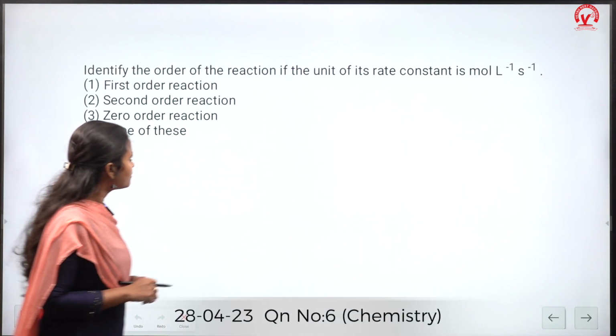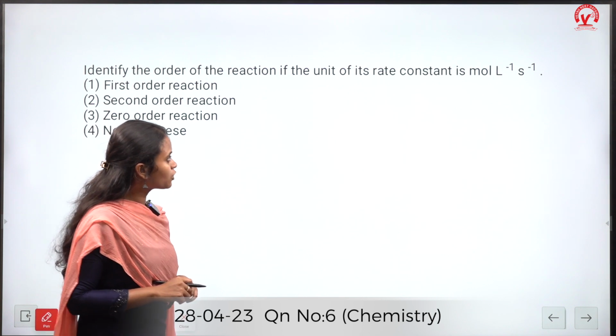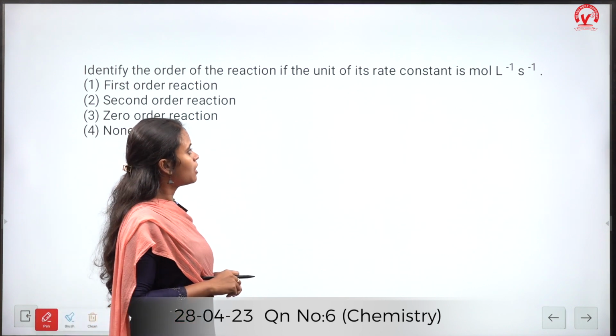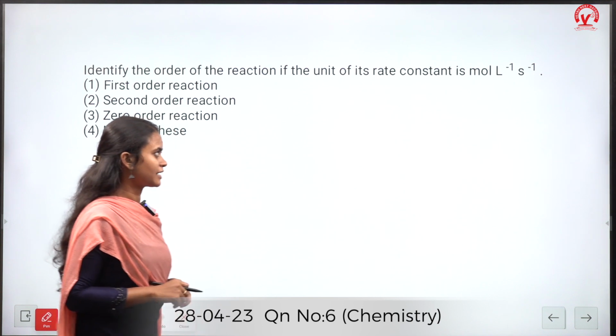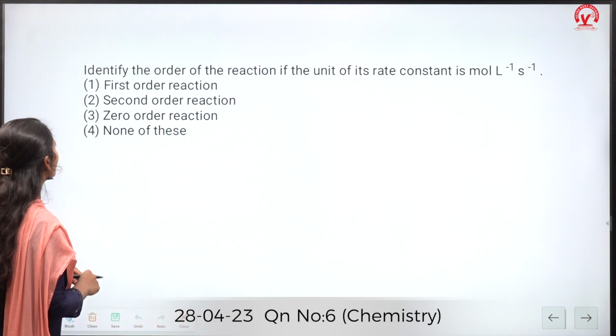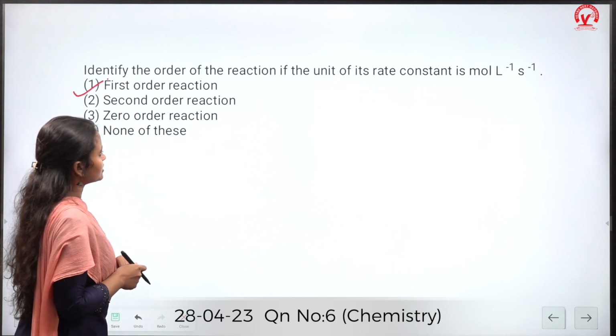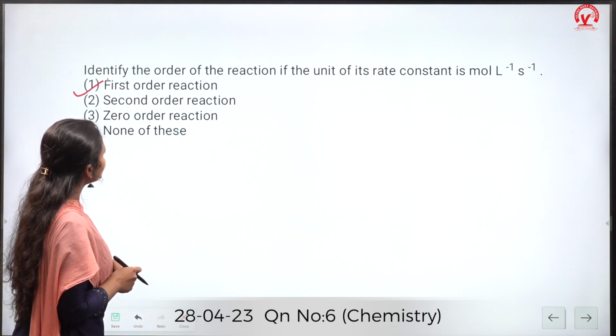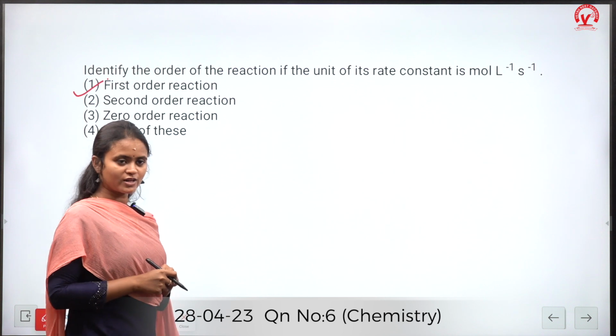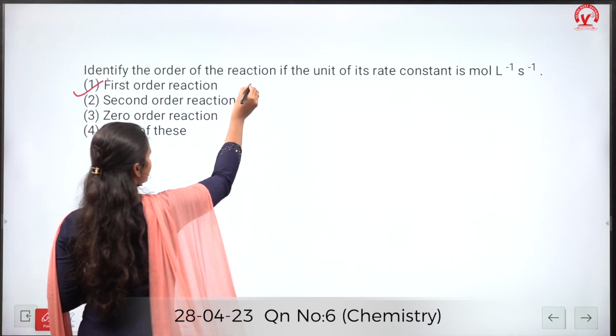Identify the order of the reaction if the unit of its rate constant is mole per liter per second. In option 1, first order reaction, the unit of rate constant is per second.